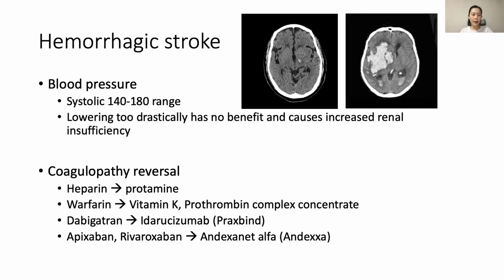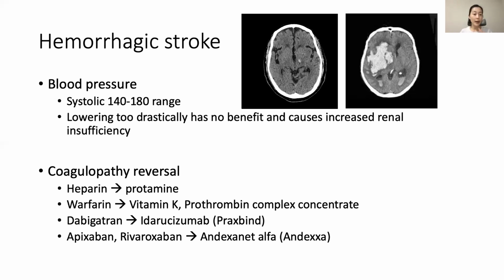A note about warfarin reversal, vitamin K, usually if you have an intracranial hemorrhage, you would give it IV, but it doesn't work very quickly. So that's why you want to give additional PCC or in some cases fresh frozen plasma. FFP is slow, you have to thaw it, it's a lot of volume, so we prefer giving PCC if that's available.